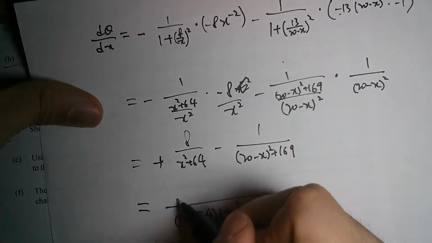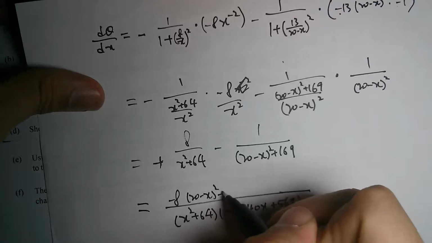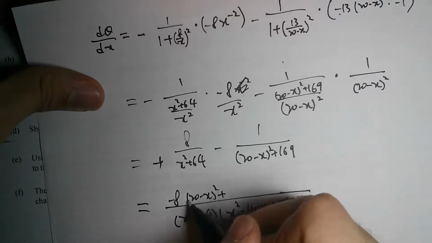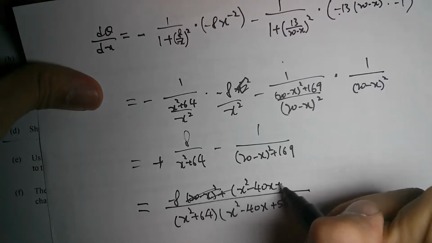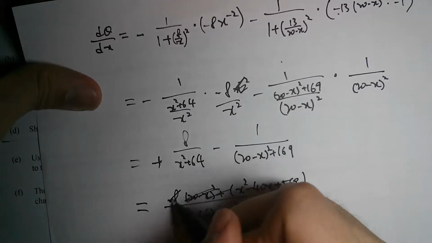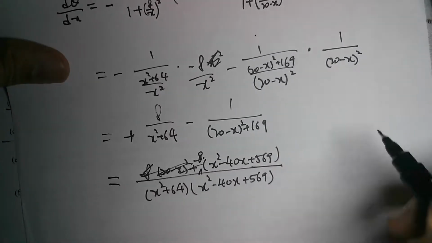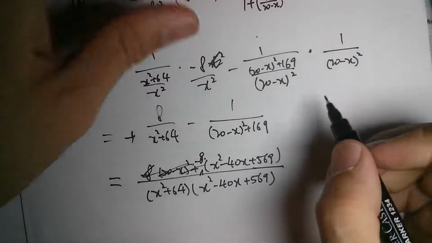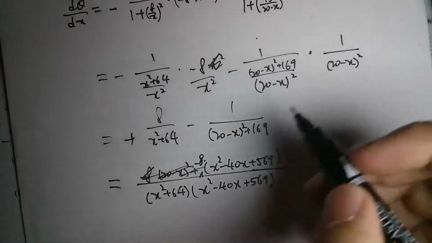Okay, do cross multiplication. So -8. Maybe not this whole thing. We multiply that to -8. Sorry for the mess. This minus.